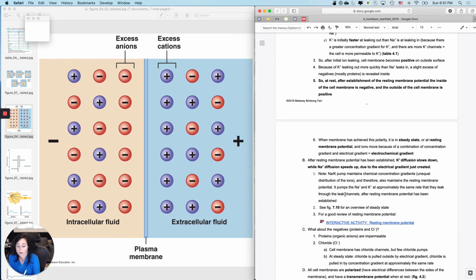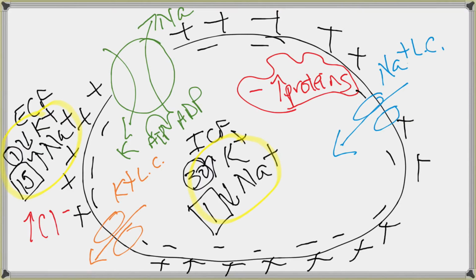Now they are going to move not only because of their concentration gradients, they're also going to move because of their electrical gradients. So hopefully you can see with this picture, any positive ion is now attracted to the inside of the cell. Any negative ion is now attracted to the outside of the cell. And now what's happening is this electrical gradient will impact how quickly the ions move.